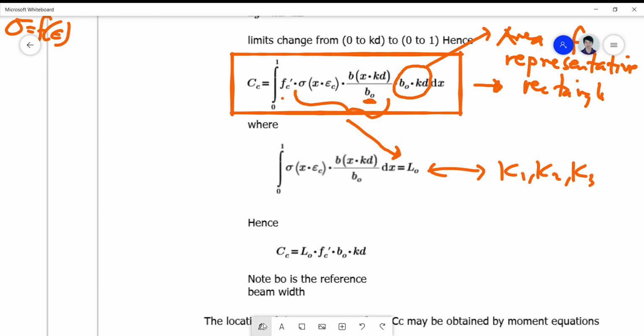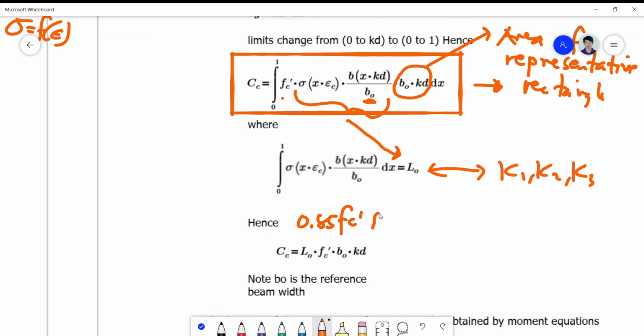So it's very similar to a rectangular section which has a 0.85 f'c. What is kd? Kd is simply your c, in your beta 1 cd. So this is a formula for a rectangular section.